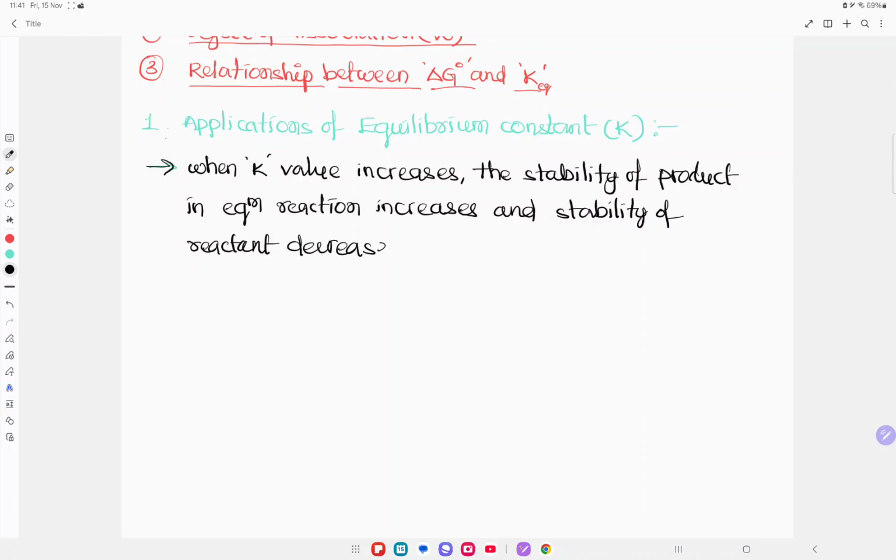Stability of product increases, stability of reactant decreases. As equilibrium constant K value increases, stability of product in equilibrium reaction increases and stability of reactant decreases.